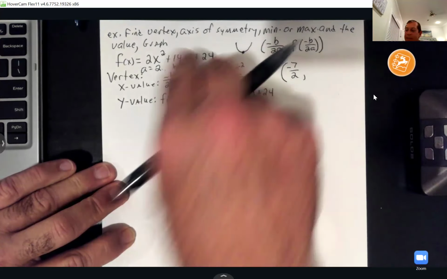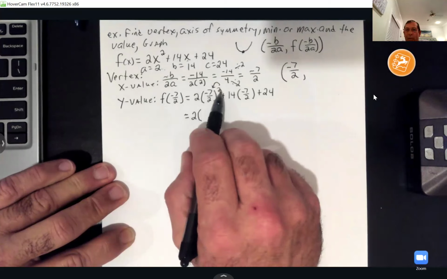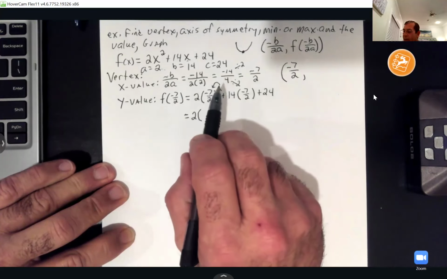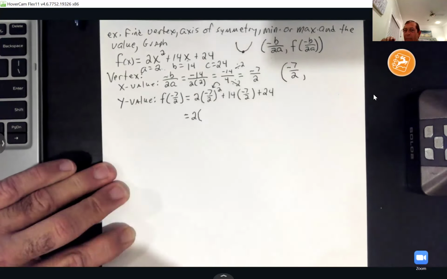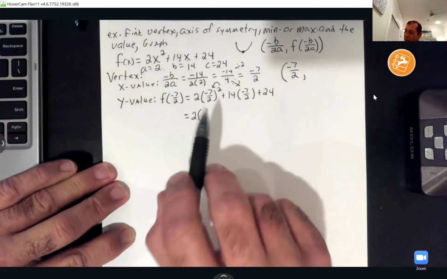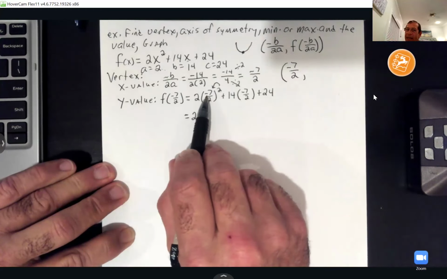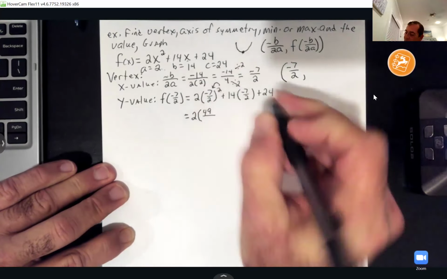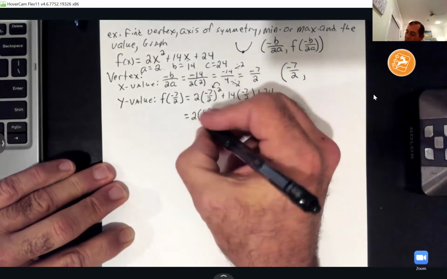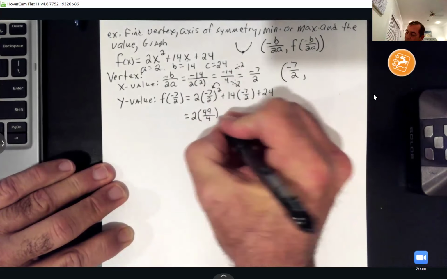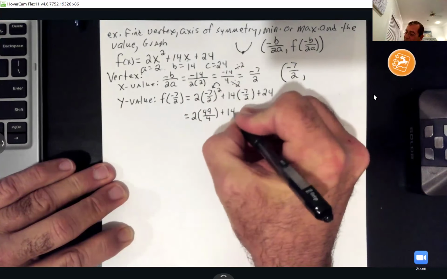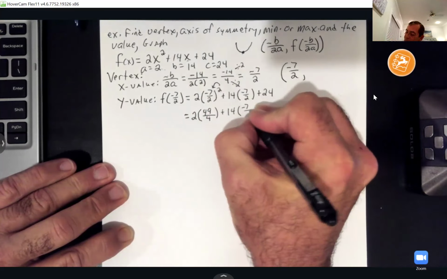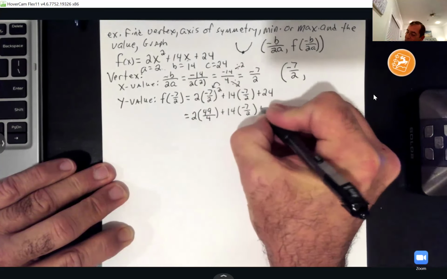Everything in these parentheses is getting squared by that exponent. And any number you square better be positive, y'all. So negative 7 times negative 7 is a 49 over 2 times 2, which is 4. Now, I'm not doing any other steps than that exponent, so y'all can sort of follow what I'm doing here.